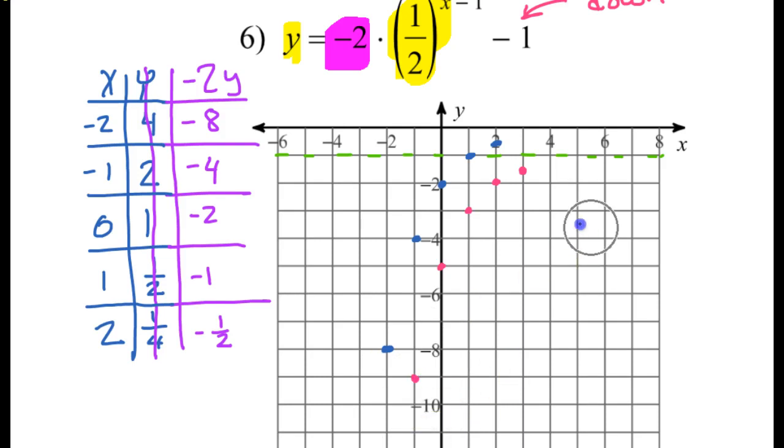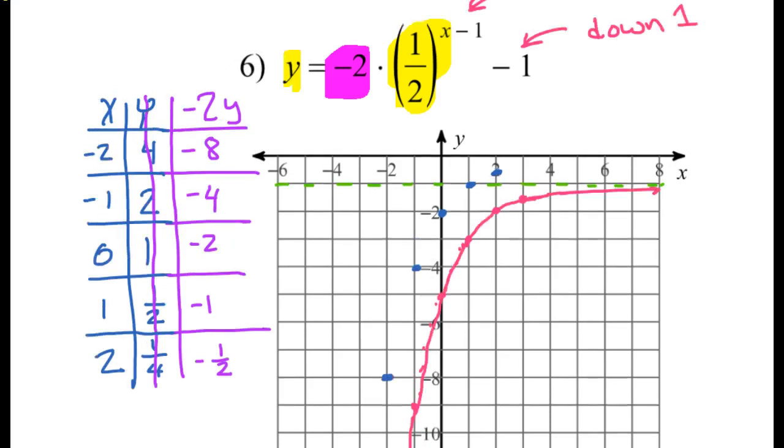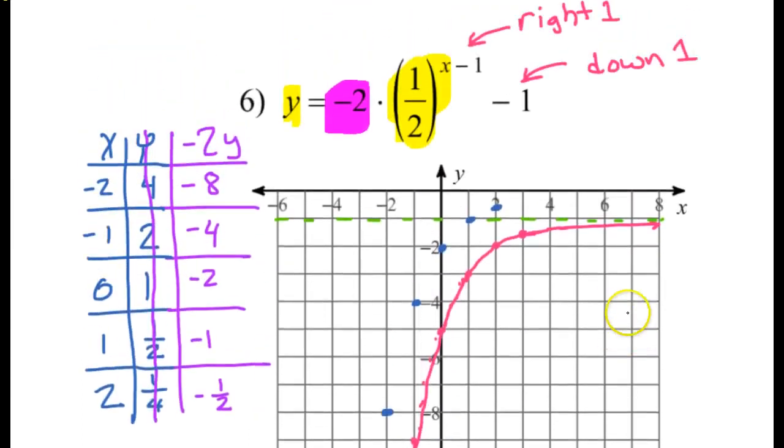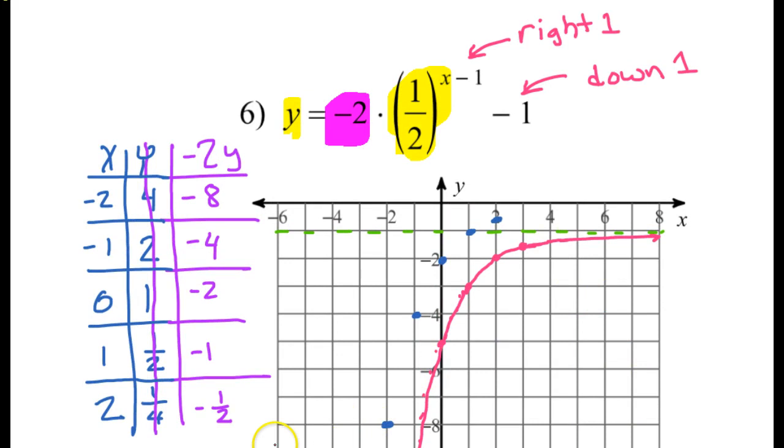These red dots represent the final answer, so I will just try to draw a curve through these. So your final answer for number 6 should look something like this. All right, so that's how you graph an exponential function.